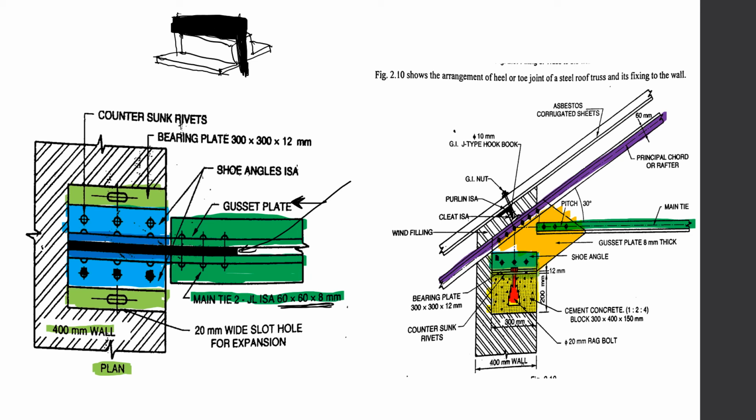Wind filling is given because wind at times is very strong, and because these members are individual and sometimes only fixed using bolts, ties and purlins, which can be light compared to the force with which the wind is blowing. So here a wind filling is provided so that it can hold the structures together.